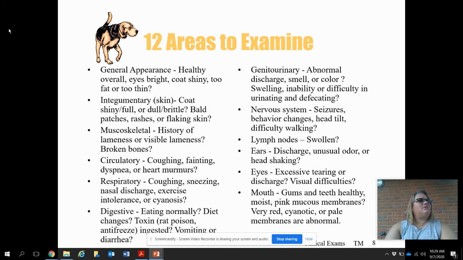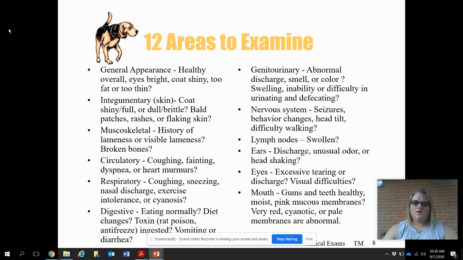Make sure the mucous membranes are pink and moist. If they're very red, that could mean toxins are flowing through the digestive system, the circulatory system. Cyanotic, that's that blue color, or pale, could mean that they're having some issues with their blood, the circulatory system as well.